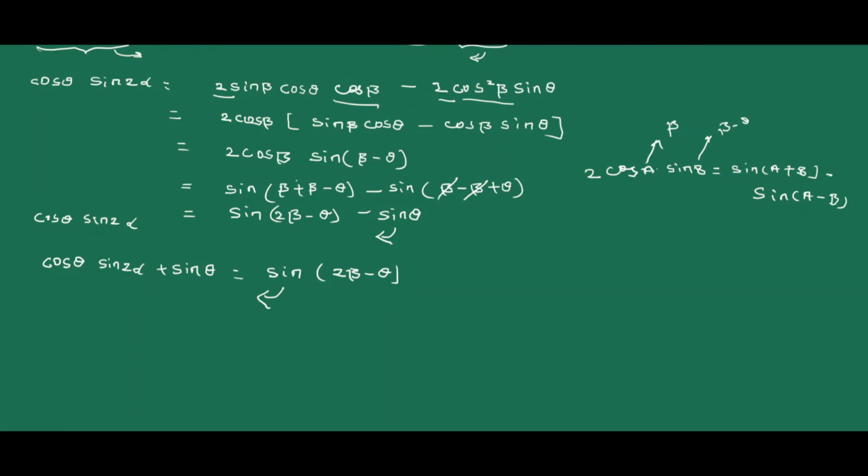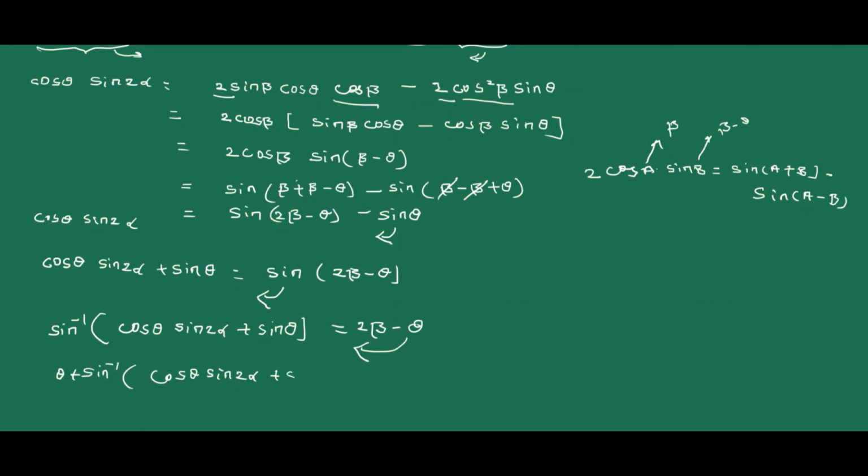Now transpose sin to the left hand side, we get sin inverse into bracket cos theta into sin 2 alpha plus sin theta, and we are left with 2 beta minus theta. We have to find the value for beta, so transpose minus theta to the left hand side, that is theta plus sin inverse into bracket cos theta sin 2 alpha plus sin theta.